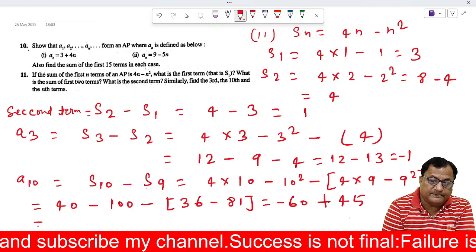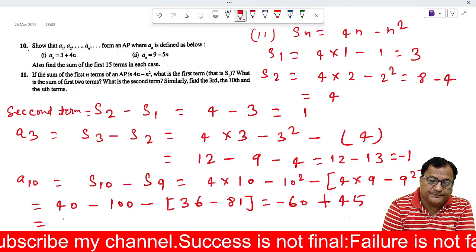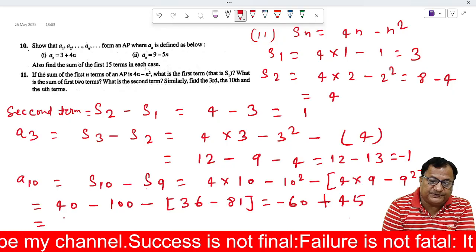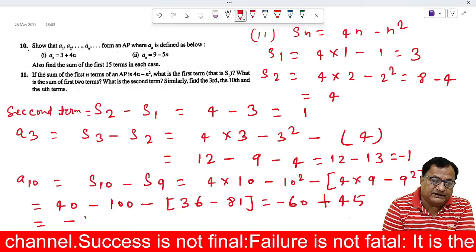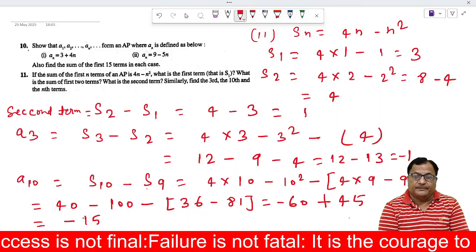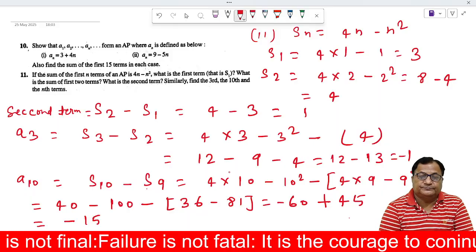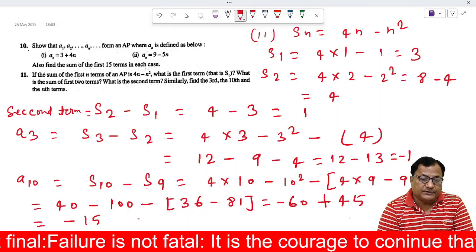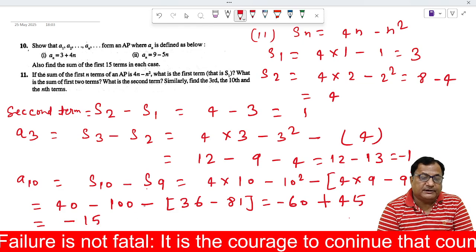This will be then minus 15. So a10 is minus 15.